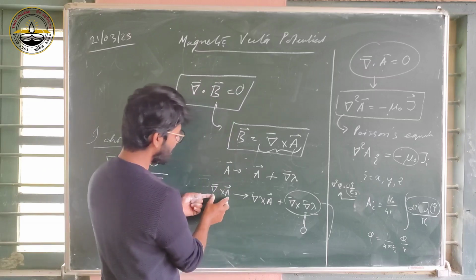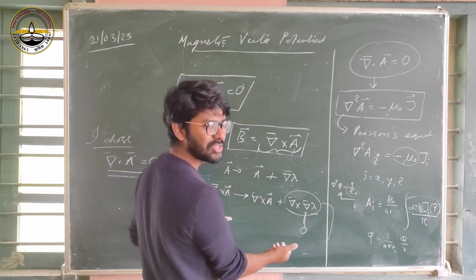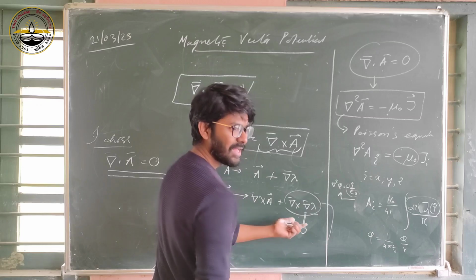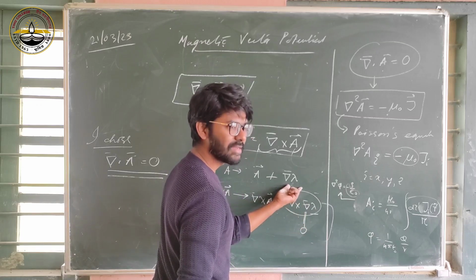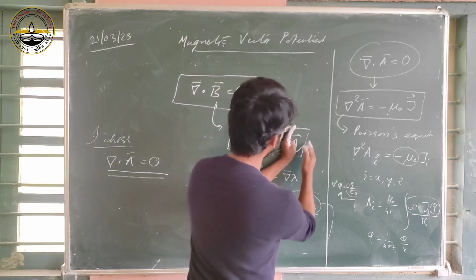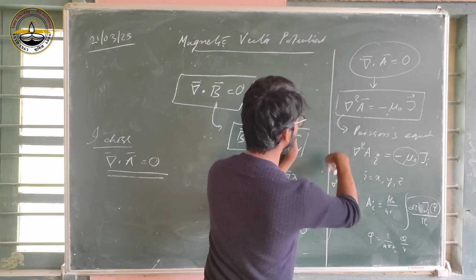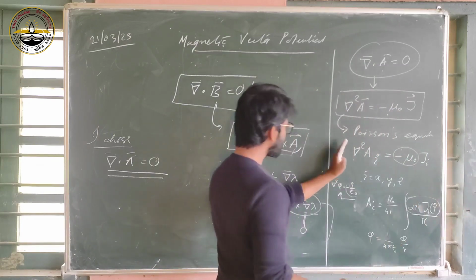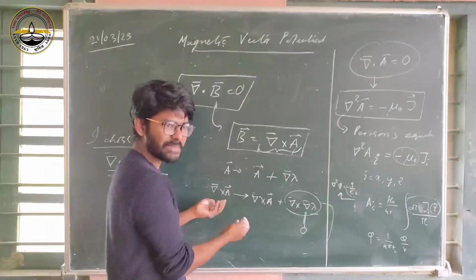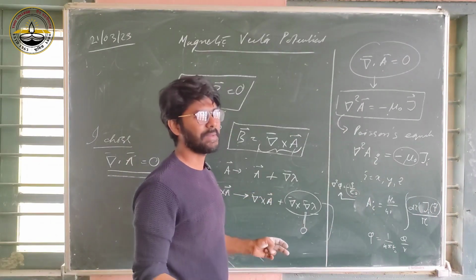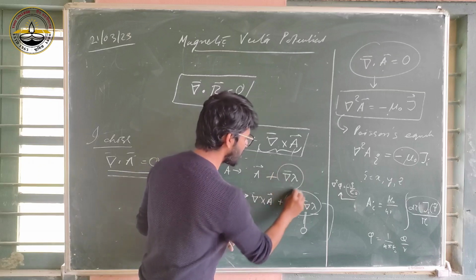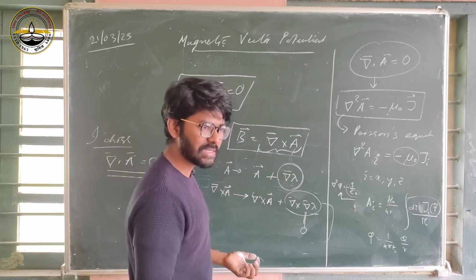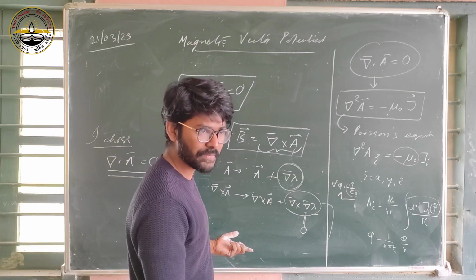So once again, your curl does not change if you add a gradient with it. So if you replace A by A plus gradient of some lambda 1, gradient of lambda 2, whatever, those are going to be 0 when it comes to the curl. So physics remains the same. This change does not change the physics, and so we are allowed to do this.